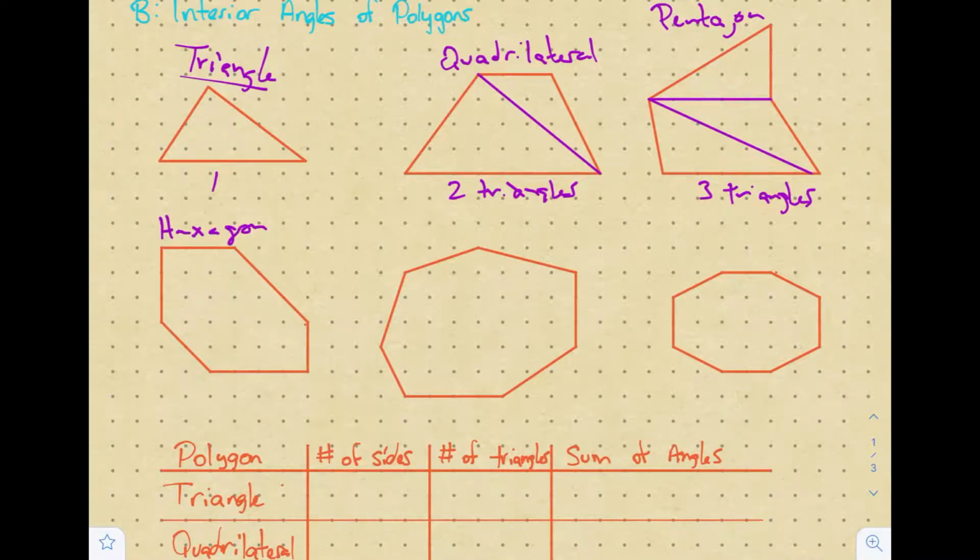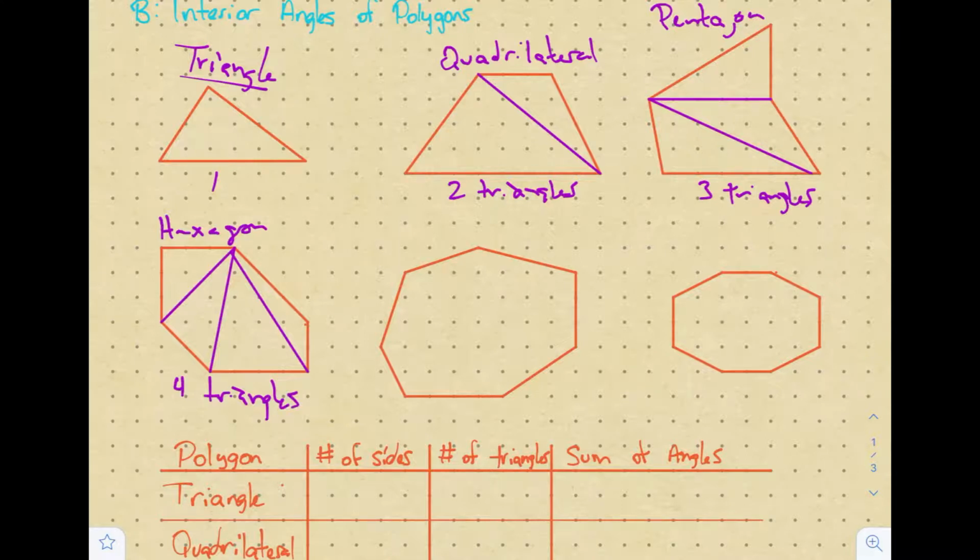Here we have 6 sides. So there's a triangle I can cut out. Here's another triangle I can cut out. And there's a 4th triangle if I split that last one in 2. So with 6 sides, I can make 4 triangles.